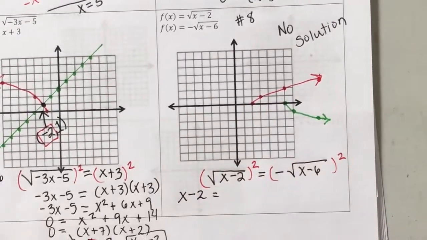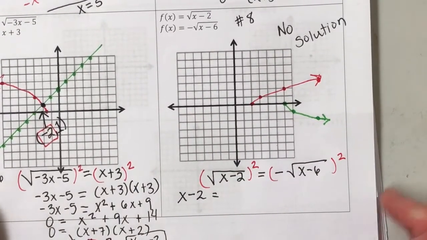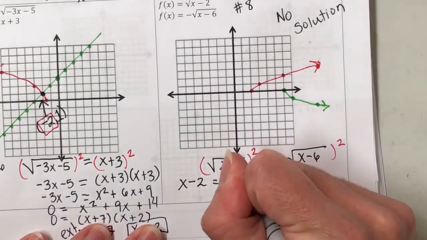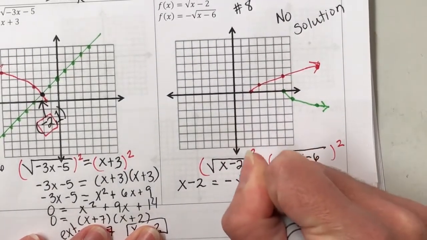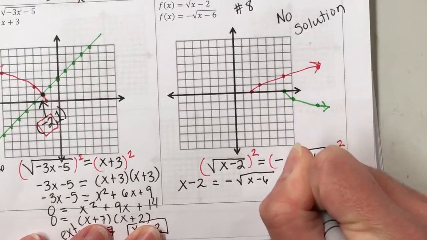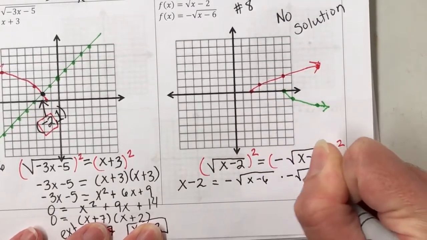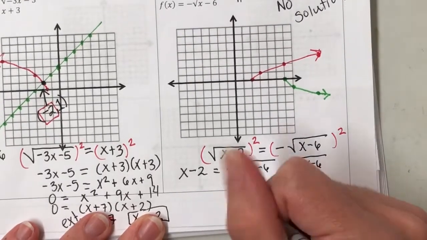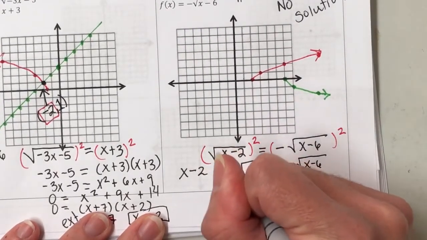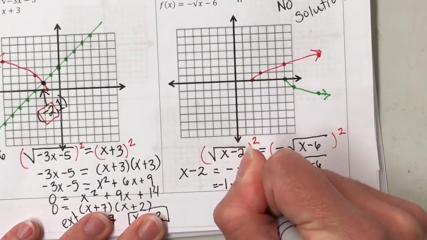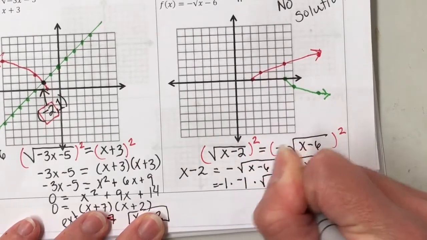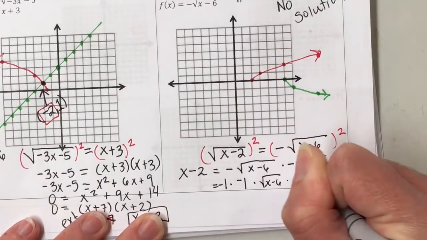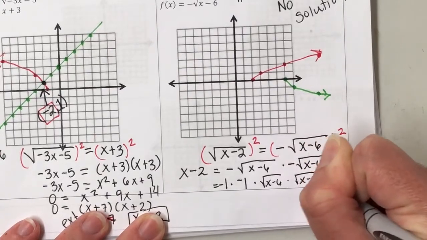And I'm going to expand this out just so you can see the steps involved here. So I have a negative square root of x minus 6 times the negative square root of x minus 6. Okay, I'm going to use my commutative property. Negative 1 times negative 1 times the square root of x minus 6 times the square root of x minus 6.